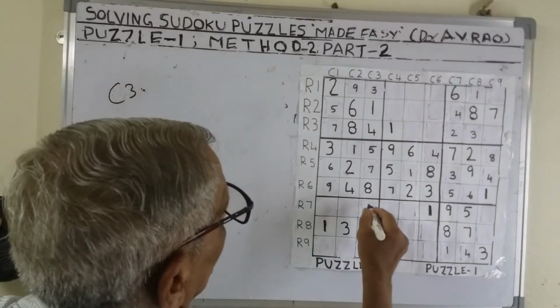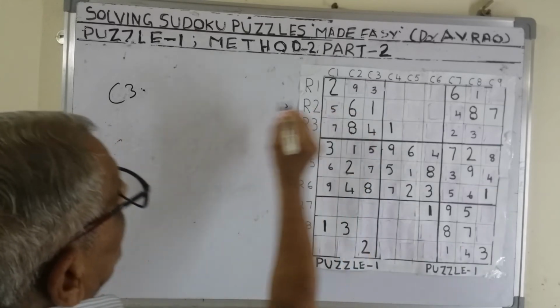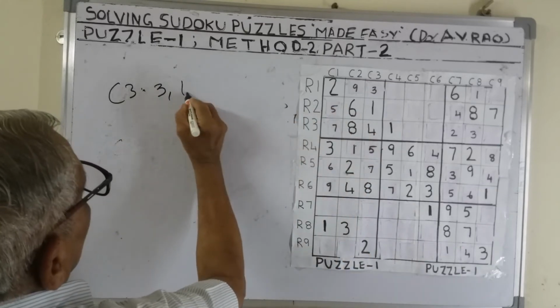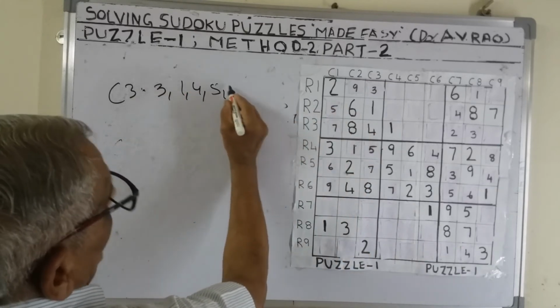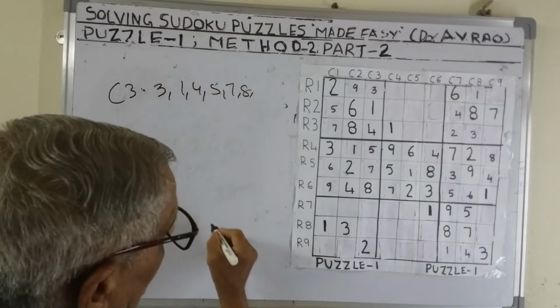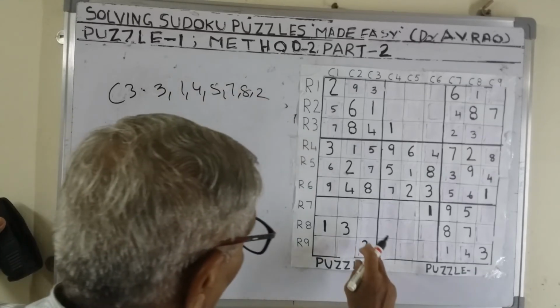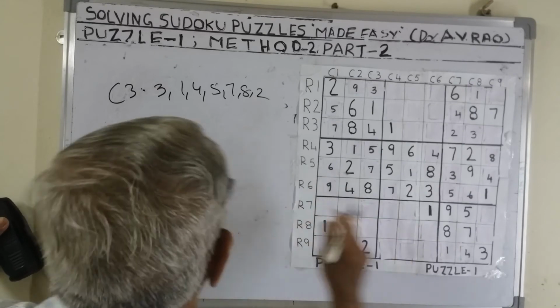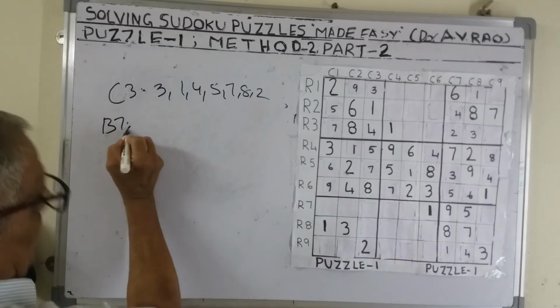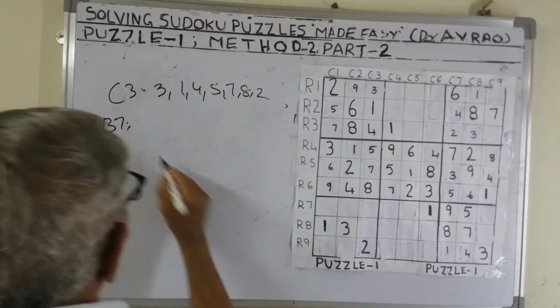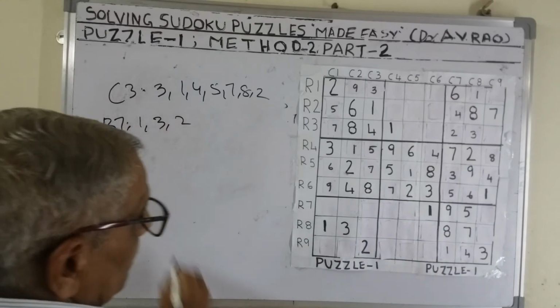So C3, what are all the numbers? 3, 1, 4, 5, 7, 8 and 2. So this is box 7. Box 7, what are the numbers? 1, 3 and 2.